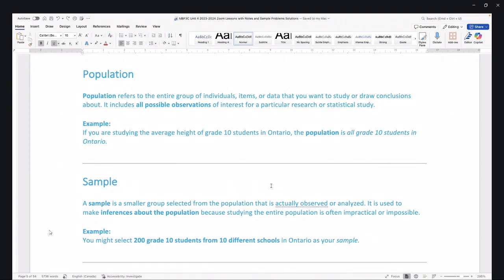So you could pick any 10 schools in Ontario and then pick 200 students from those 10 schools. And then you can infer that if everything else is the same, you should get roughly the same number of people in the other schools with this information. And then you can say, well, okay, based on this, across Ontario, this is the average weight and average height of students.